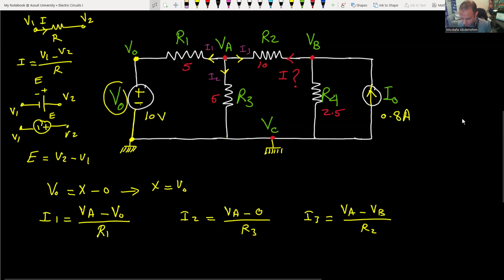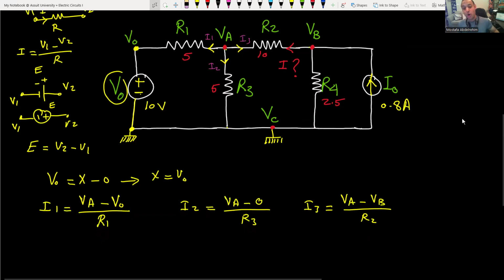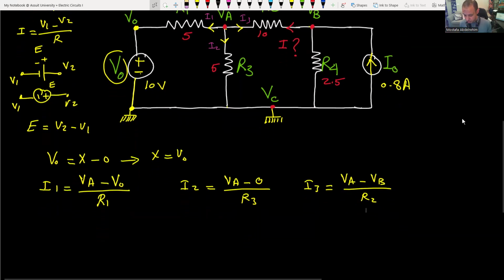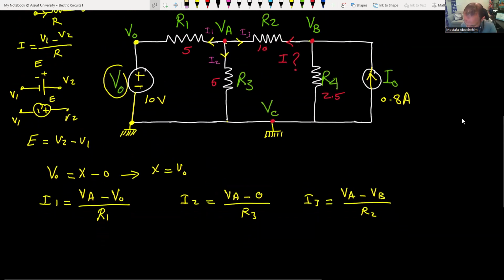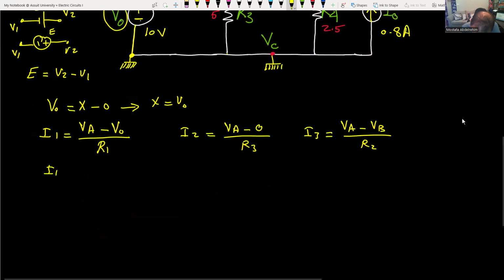We know from Kirchhoff's current law that the summation of the currents going into the node or out of the node is equal to 0. All of them are going out of the node, so the summation of all of them is 0. So I1 plus I2 plus I3 is equal to 0.